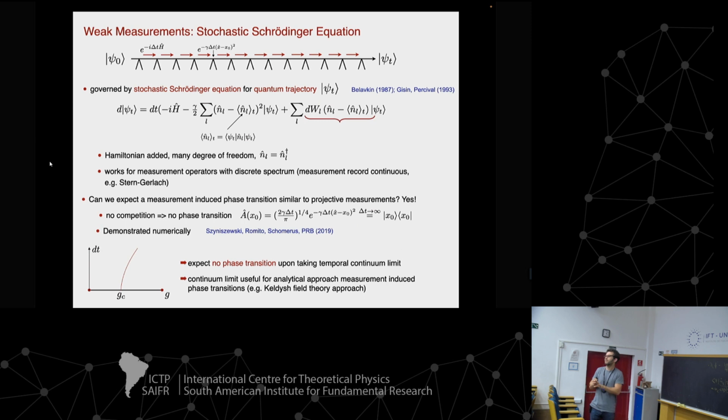And therefore, these two measurement protocols do not lead to any competition. While one may expect that the phase transition bends a little bit around, because the non-universal properties, the details of the measurement process, are different, the very existence of the phase transition and possibly also its universal behavior should not be affected by that.